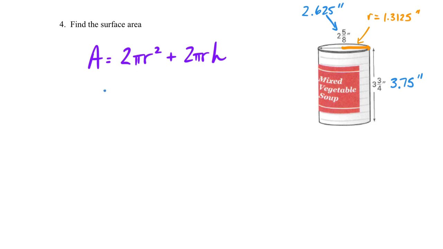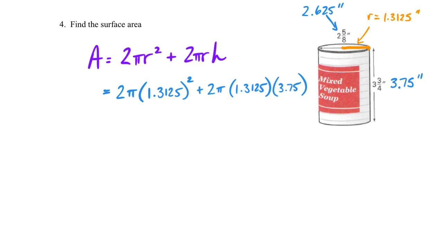Now, because my radius is going to be such an ugly number, when I go through and I square that, or I take that really ugly radius number and multiply it by maybe not so ugly height, but still uglier, you can see that you're going to get some huge decimals as you go.